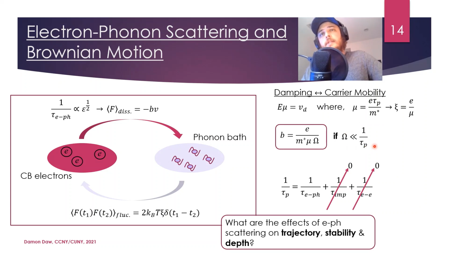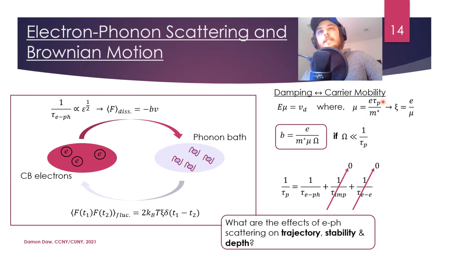An important thing to mention is that this tau sub p is what's known as the momentum relaxation time. It essentially just says that collisions happen at some rate such that they erase any initial memory of what the momentum was for a carrier.